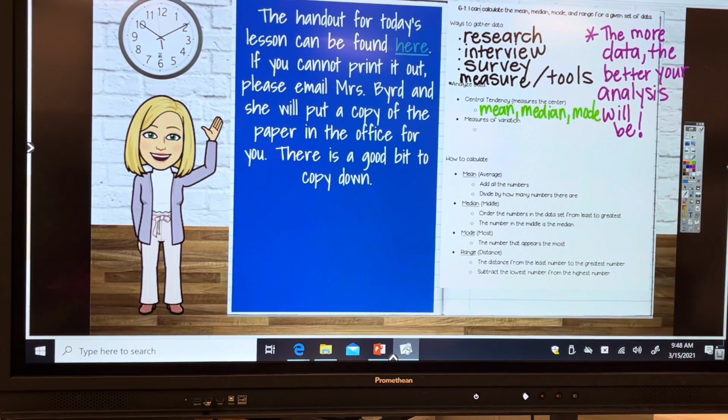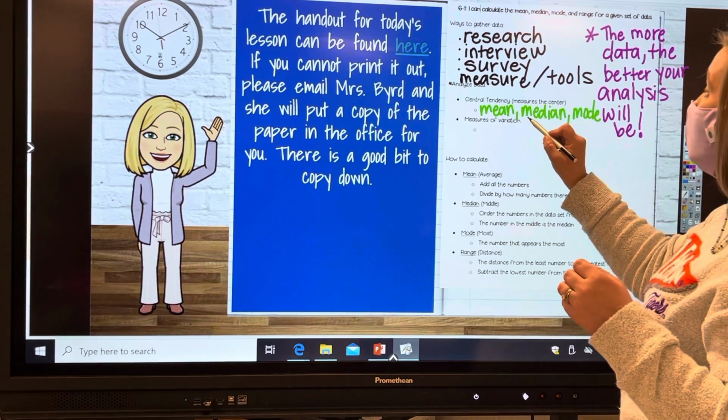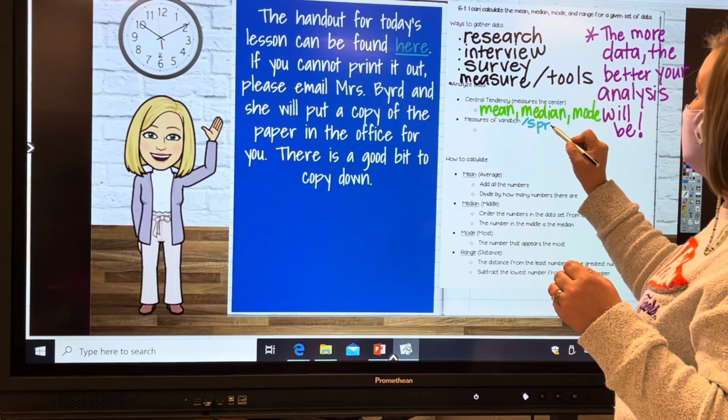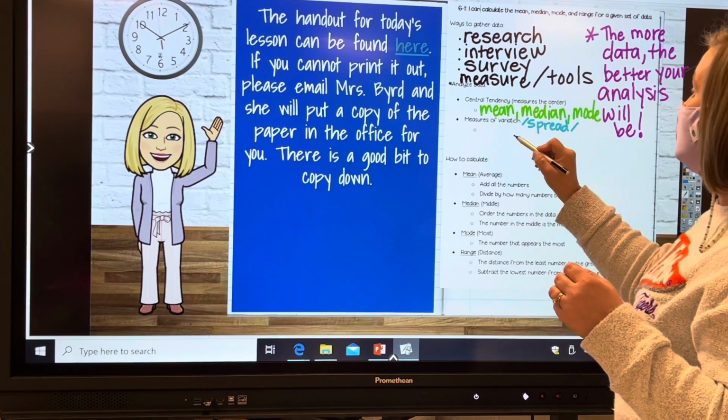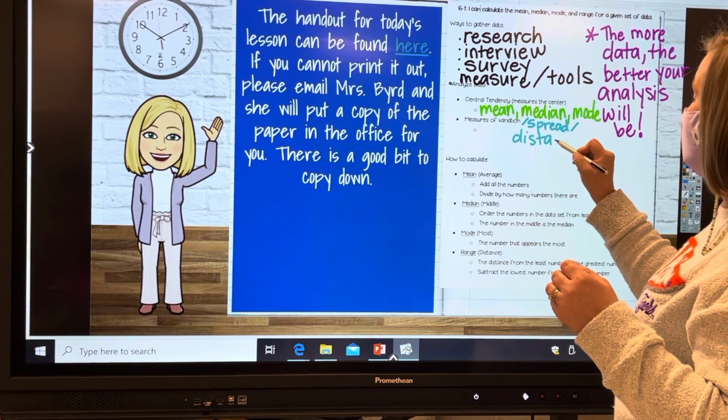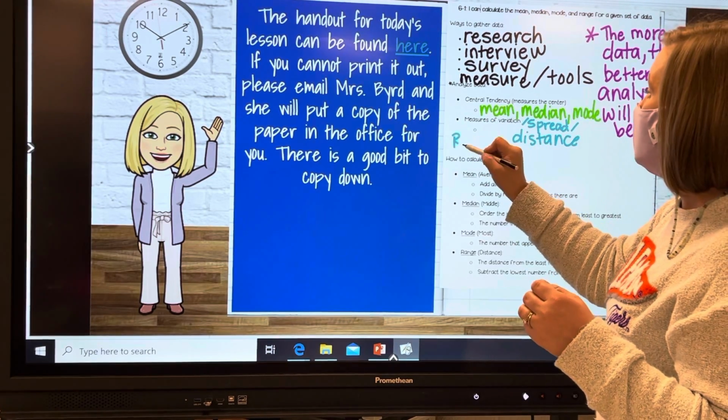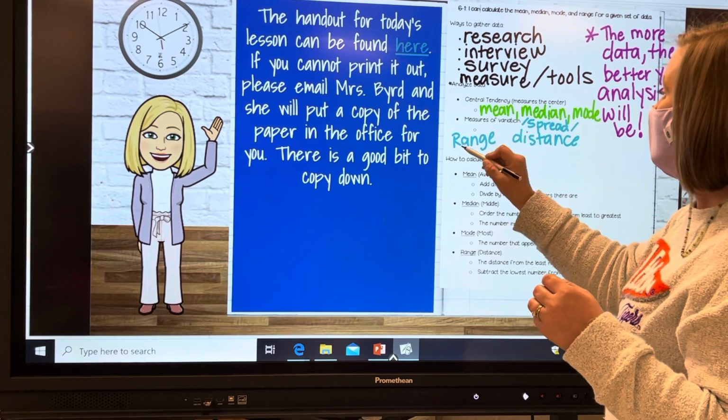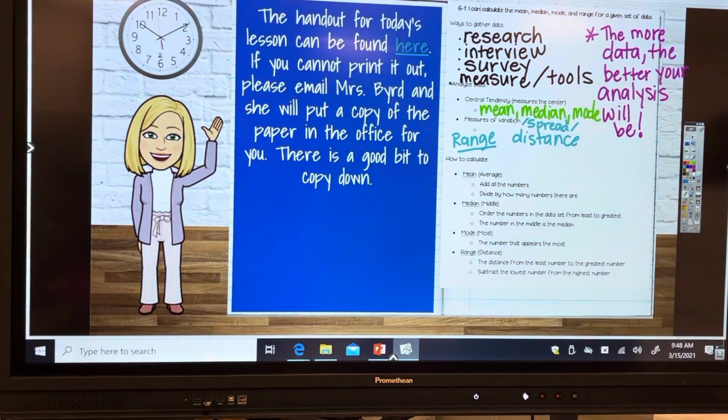If we want to measure variation, another word for variation is spread, or distance, we are going to measure the range. If we want to measure spread or distance or variation, we're going to measure range. That's the space between the highest and the lowest.